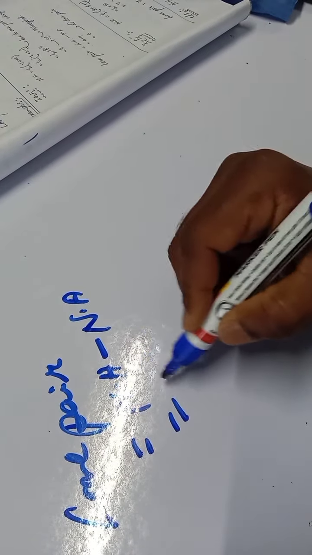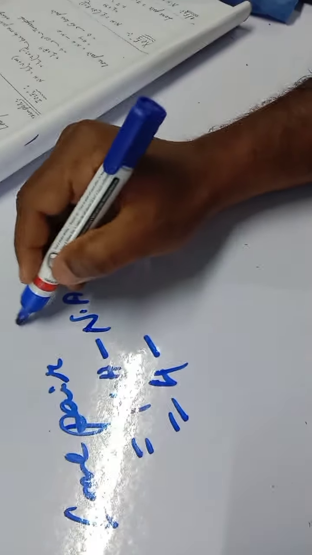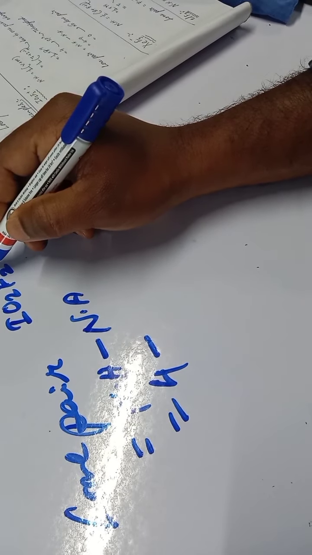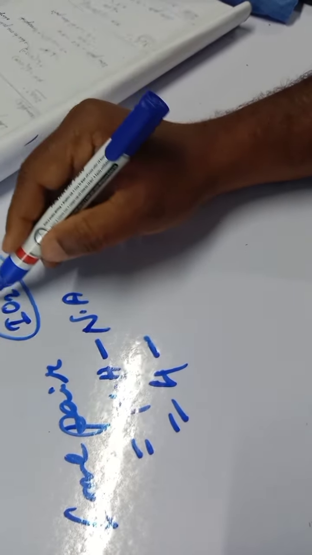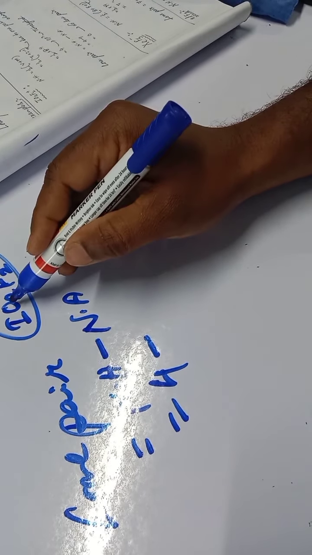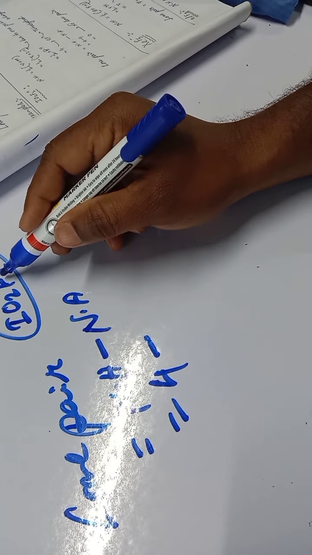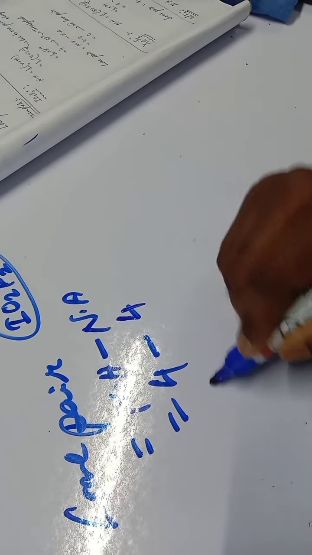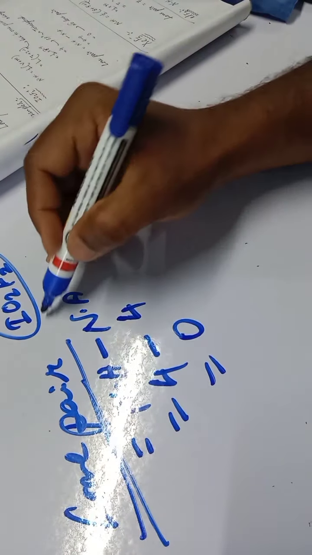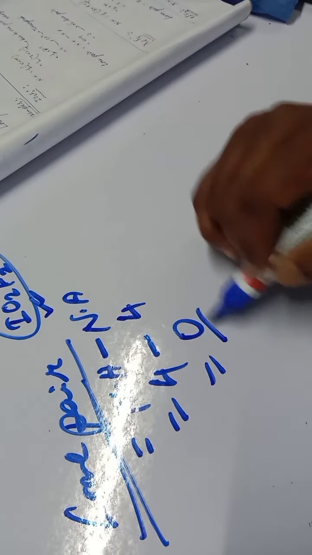NH is 4. The number of surrounding atoms Na means oxygen 2 and fluorine 2, that is 4. 4 minus 4 equals 0. The number of lone pair for this particle is 0.